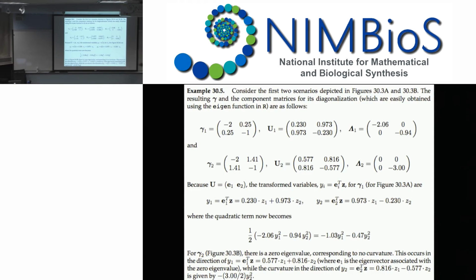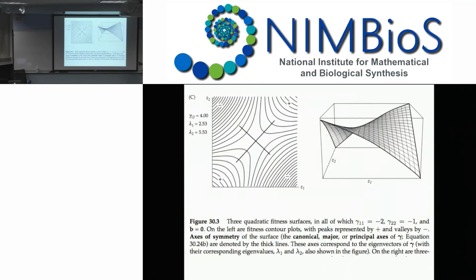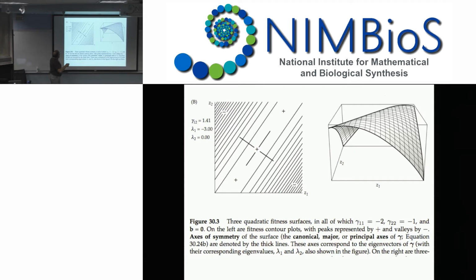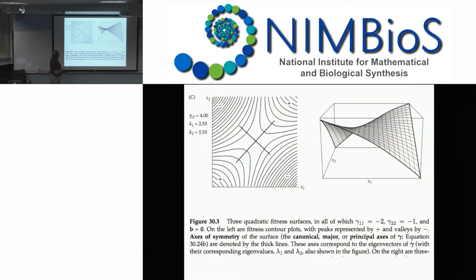If you look at the scenarios depicted here, that scenario and that scenario, what are we doing? That axis is y1, and that's the coefficient on y1. That axis is y2, that's the coefficient on y2. That axis is y1, that's the coefficient on it. That axis is y2, that's the coefficient.